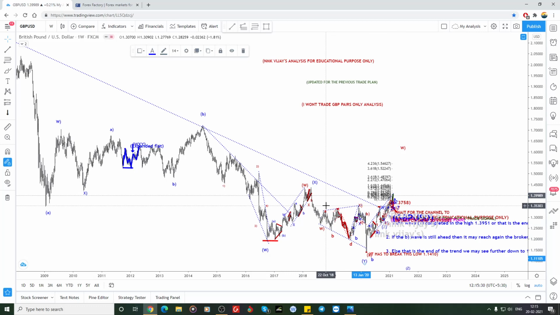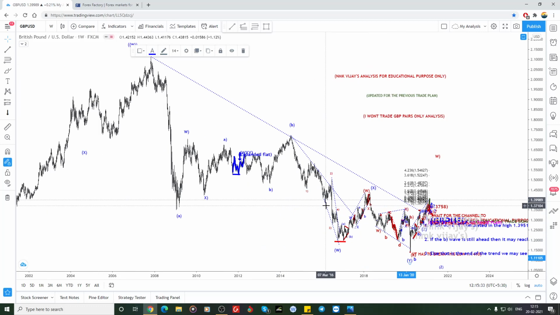But what I'm thinking here is, as in EUR/USD, it's going to come to the downside after the five-wave structure, just I'm expecting. So after ABC, it won't be a small WX, it could be a complex correction.